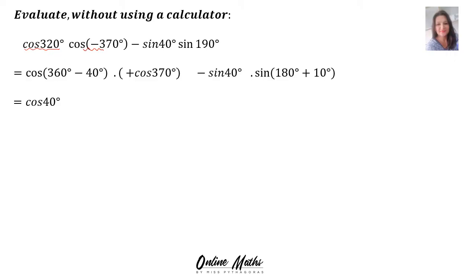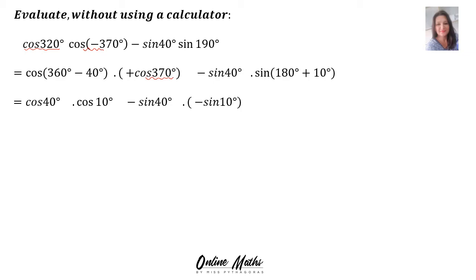And then cos 370, the minute there's an angle bigger than 360, you just subtract 360 until you get an acute angle, which is in this case cos 10. The minus sin 40 stays, and then sin of 180 plus 10 gets reduced to minus sin 10.